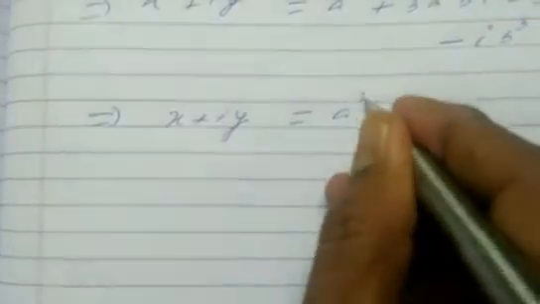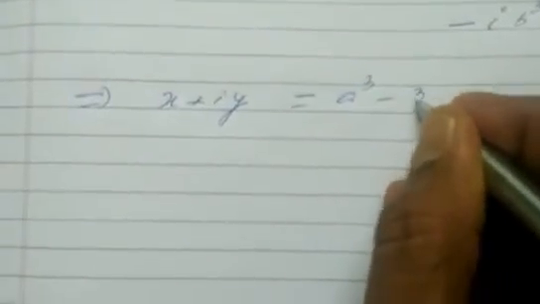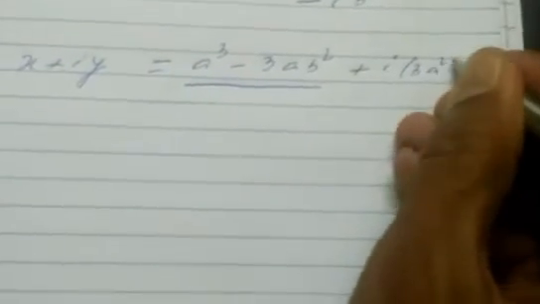Now we can club the real part, this is a cube minus 3ab square, and the other part, this is 3a square b minus b cube.